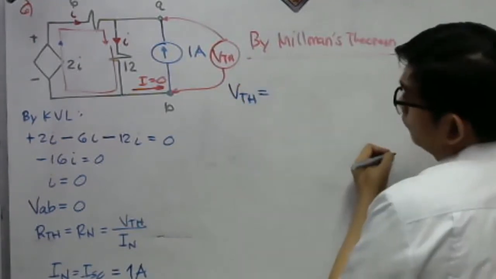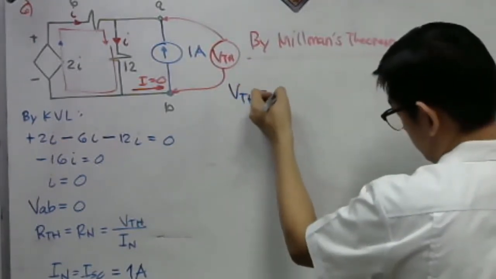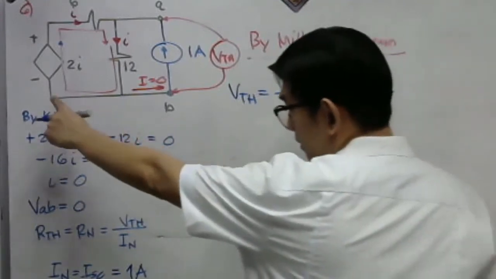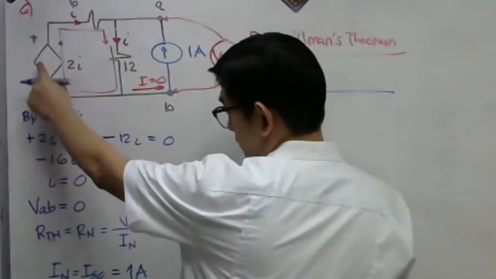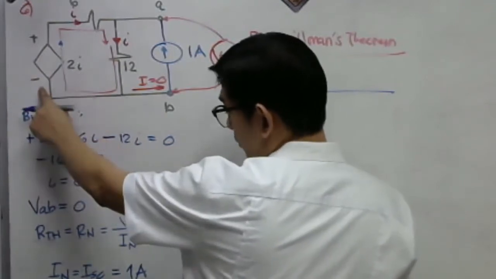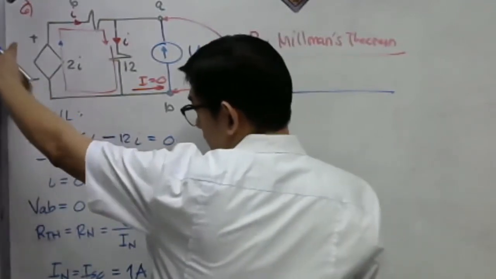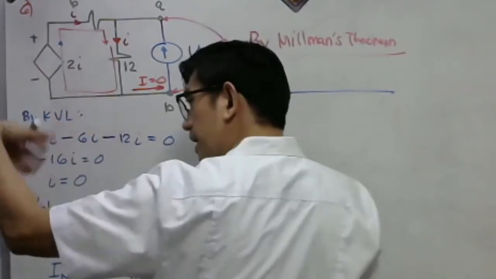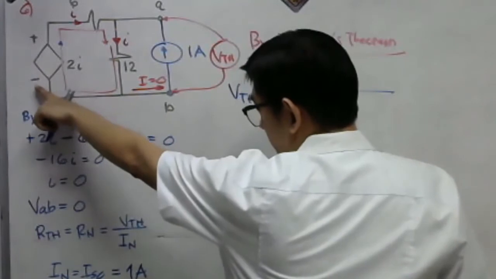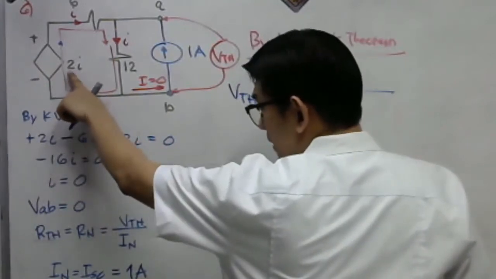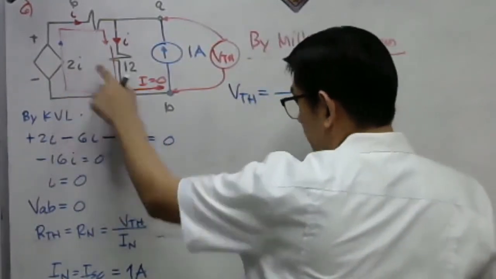is simply equal to what now? Take a look here. This is a voltage source, although it is a dependent voltage source, a current-dependent voltage source. So, treat this as a voltage source, no? Just like an independent voltage source. So we have 2i here.